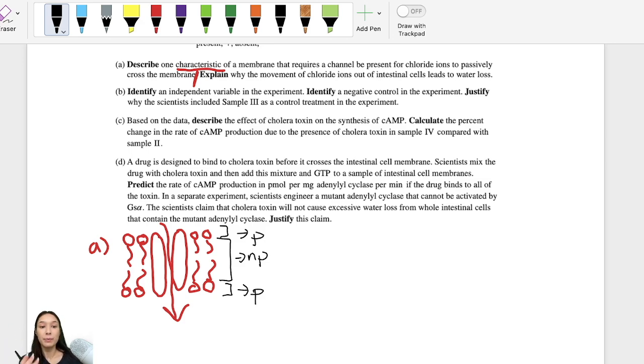Okay, so for something to be able to cross the membrane, it actually has to be non-polar. I always remember like dissolves like, so polar things will dissolve other polar things. Non-polar things will dissolve other non-polar things. The cell membrane, the majority of it, is non-polar. Okay, so that means that polar ions or polar molecules in general are not going to be able to cross the membrane on their own.